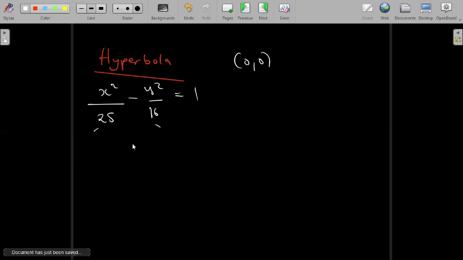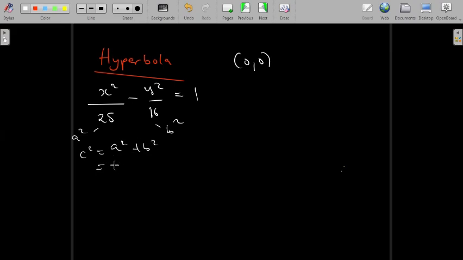So we're saying this is our a squared, and that's our b squared there. To get our c squared, that is going to be given by a squared plus b squared like that.